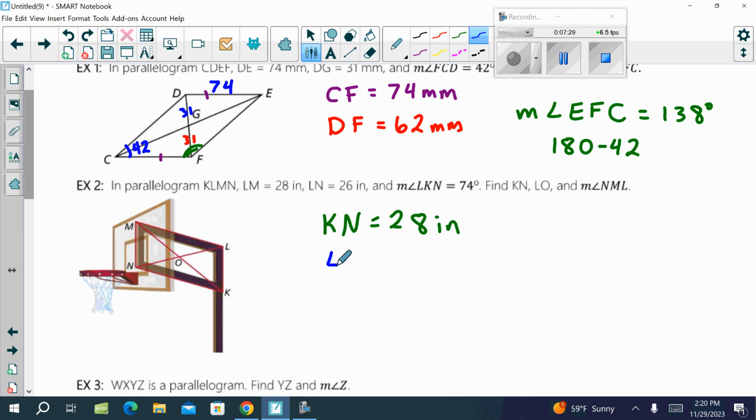Alright, next we needed to find LO. Who wants to tell me what they got for LO? 13. Everybody good with that? And then last, measure of angle NML equals how much? 74 degrees.